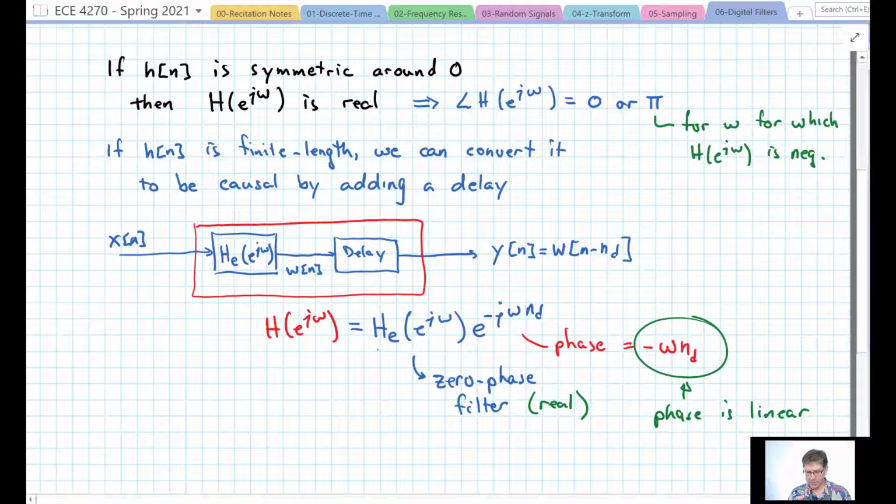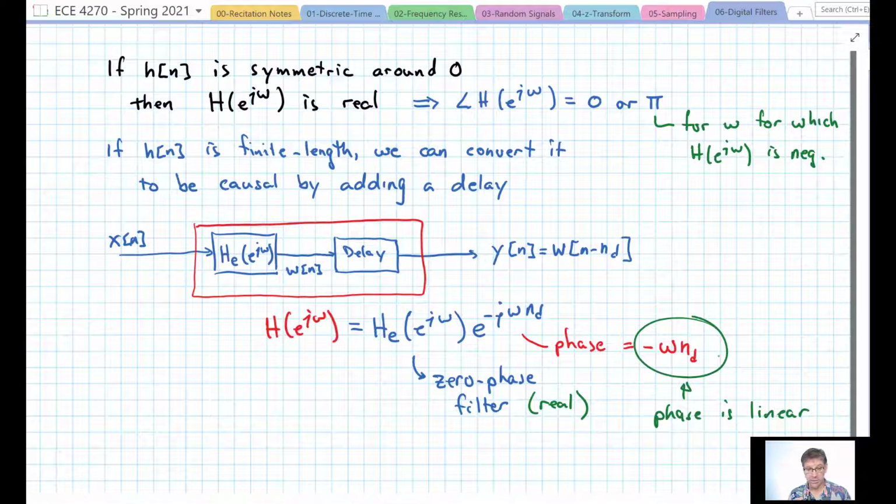Well, if H_e is a zero phase filter, in other words, it's real. By the way, we call it a zero phase filter even if it has a phase of pi, because it's of the general class of real filters. Then the phase comes out to be just negative omega n_d. And that phase is a linear function of omega.